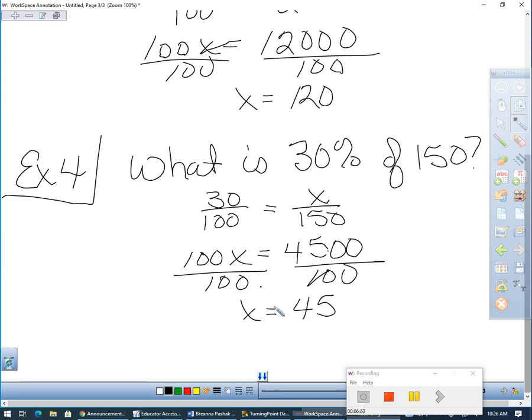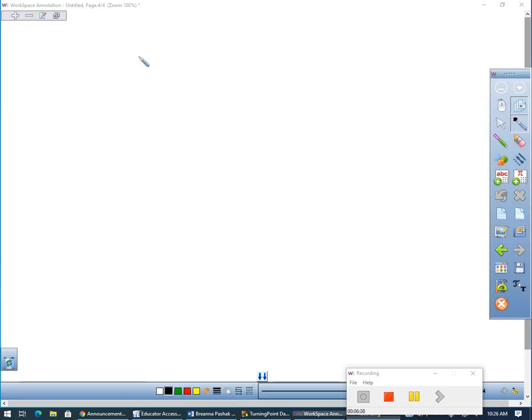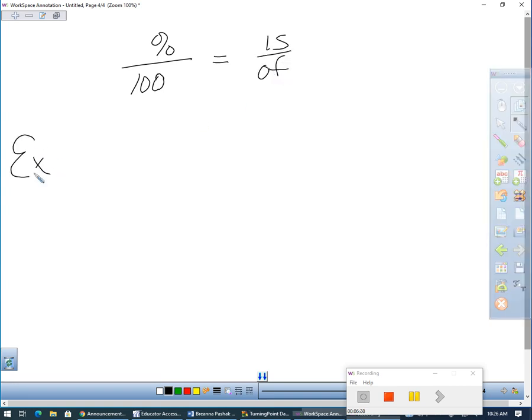The problems set up like this are problems 15 through 20. All right, again, I want to remind you we're doing percent over 100 equals is over of.